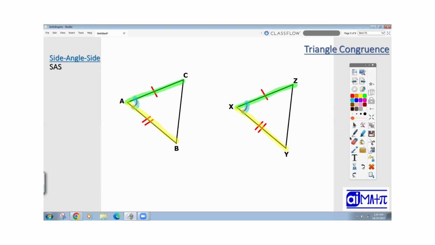And again, we would write a statement of congruence that says triangle ABC is congruent to triangle XYZ.